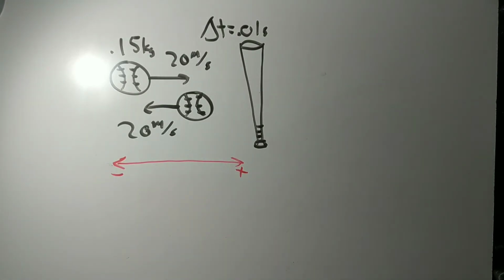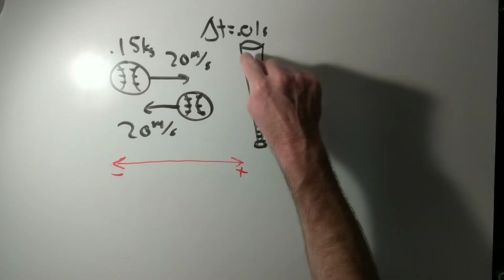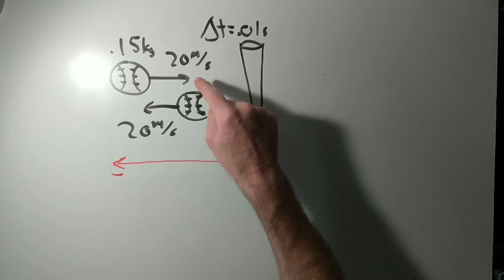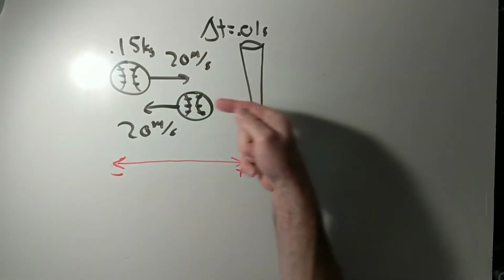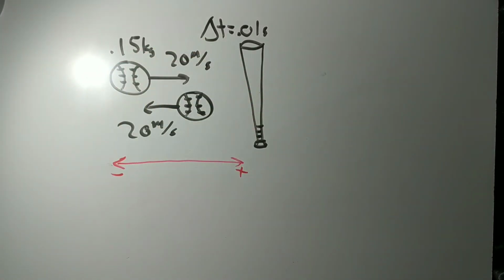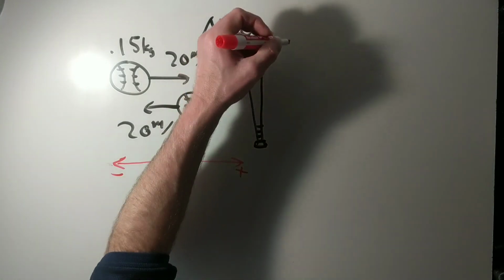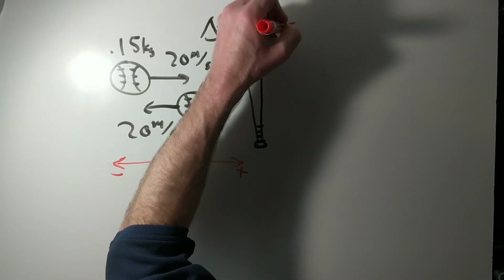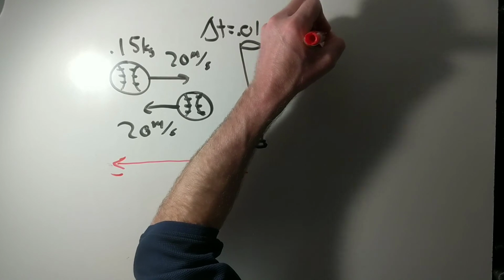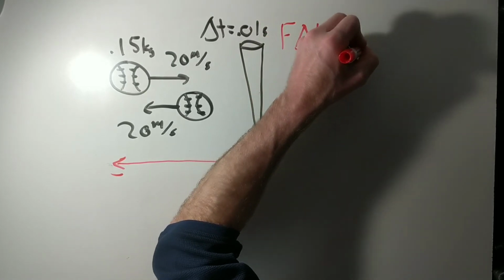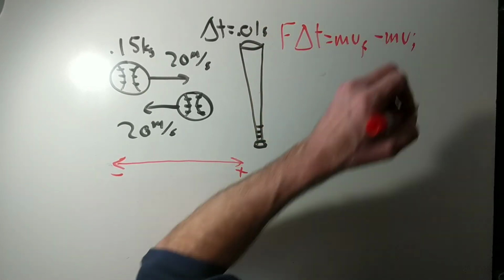Now, what I'd like to find in this situation is how much force did the bat exert on this ball to change it from this momentum to this momentum. So let's see what we have here. We can look at force times time equals mv final minus mv initial.